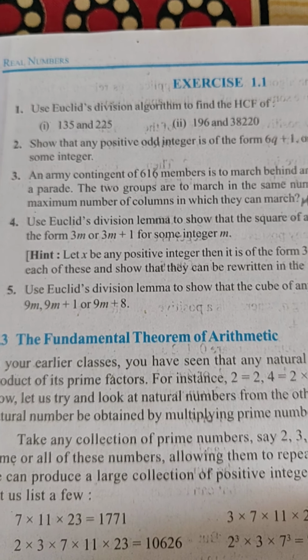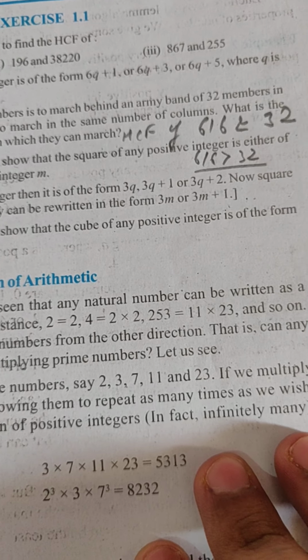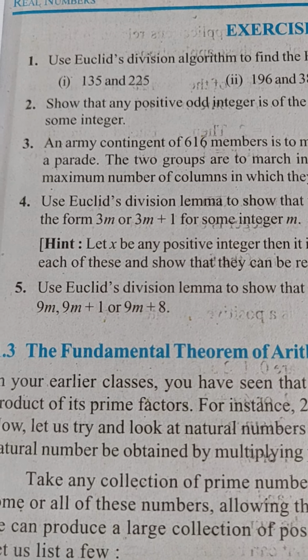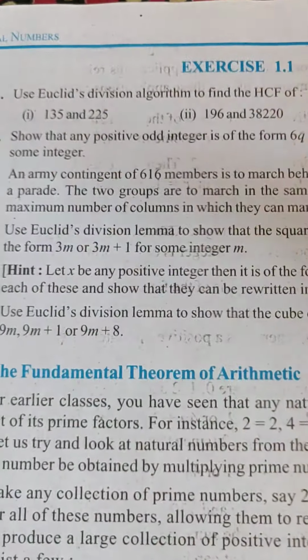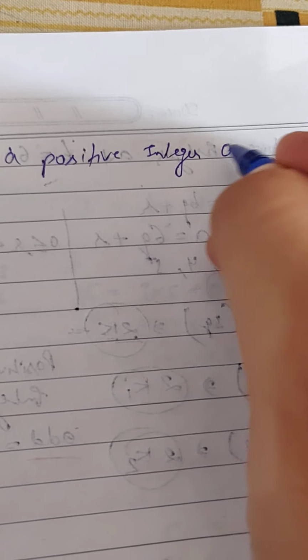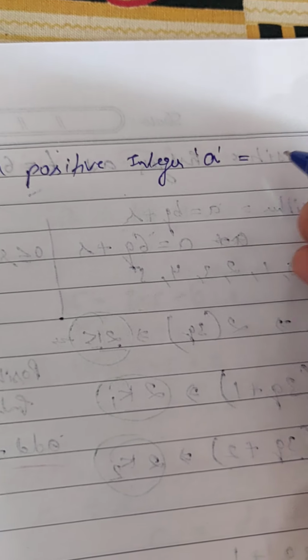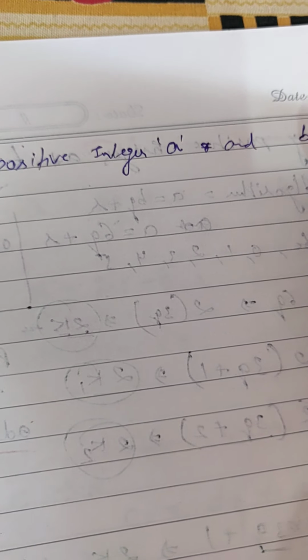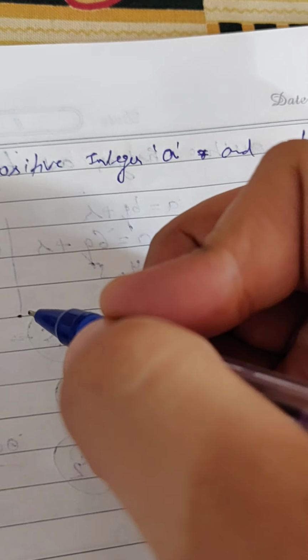The last question of the exercise is, use Euclid's division lemma to show that the cube of any positive integer is of the form 9m, 9m plus 1 or 9m plus 8. Alright, since they have said the cube, we need to consider a positive integer a and a divisor b, which is 3, because they are telling us to make it a cube of it.